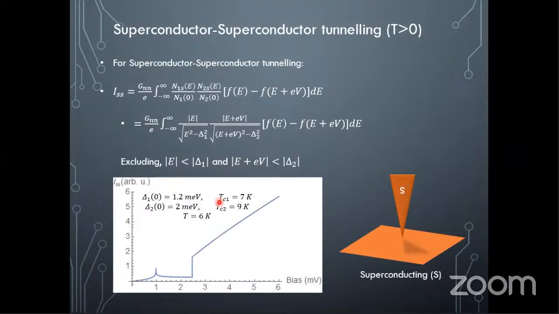Now it turns out that the superconductor to superconductor tunneling current, ISS, as a function of bias voltage looks like this blue curve here.